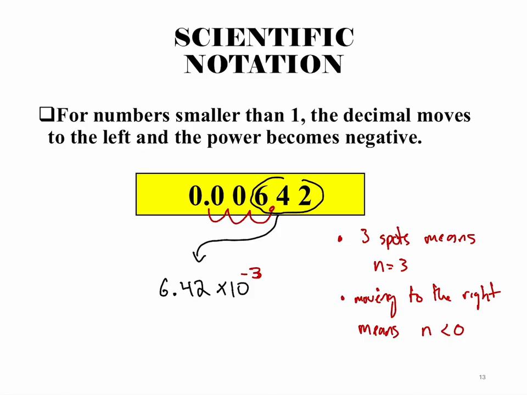Right, because just as an aside, 10 to the minus 3 is like writing what? How else could we write that? Does anyone remember? If we have a negative exponent, what is that? It is a form of decay, right?